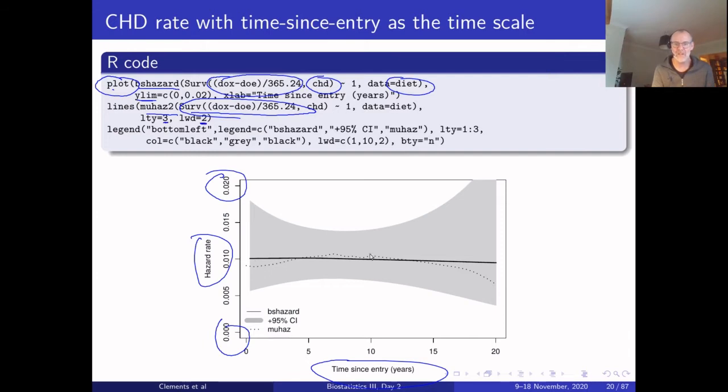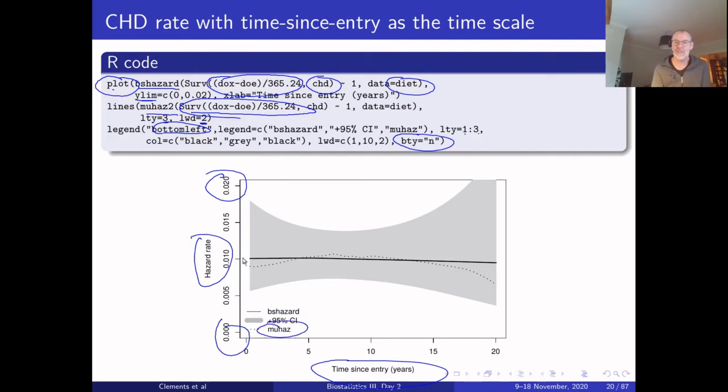Then we add a legend in the bottom left, without a box around it, for line types 1, 2, and 3. Colors are black for the bshazard, gray for the confidence interval, and black dashed for the muhaz.